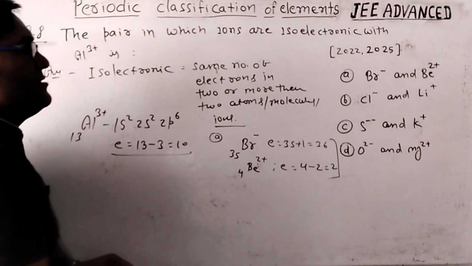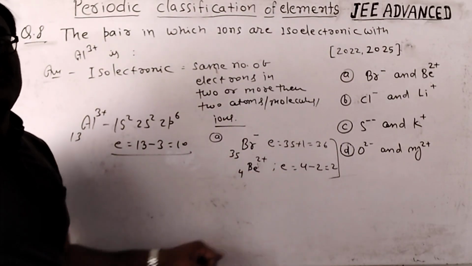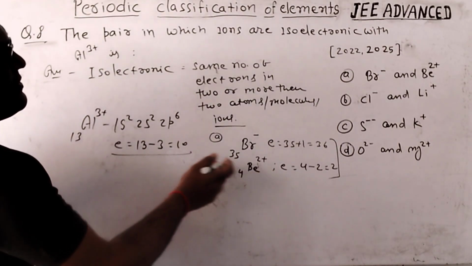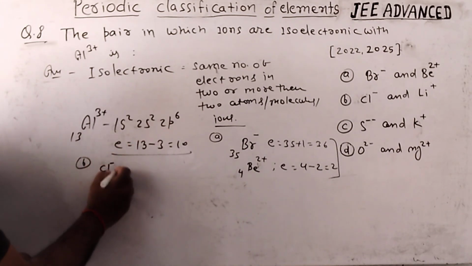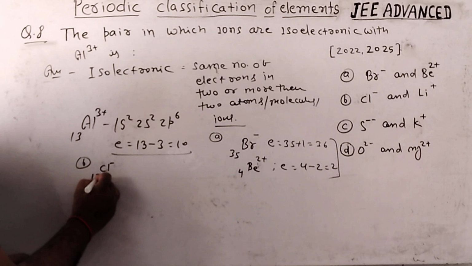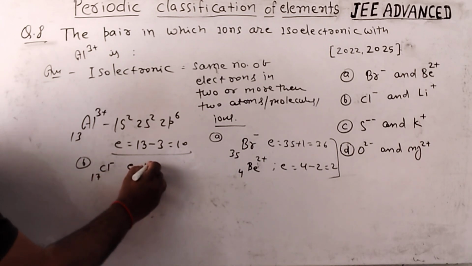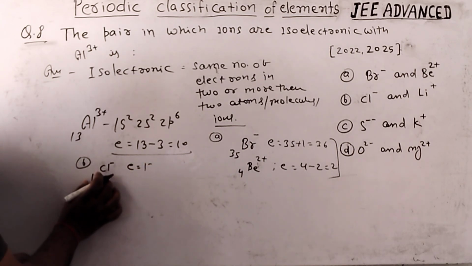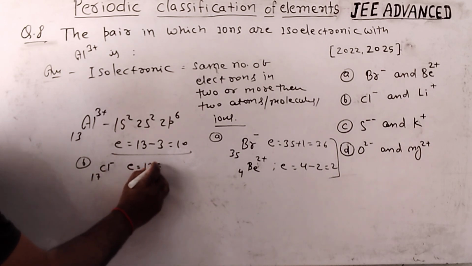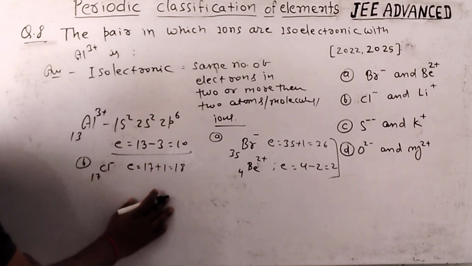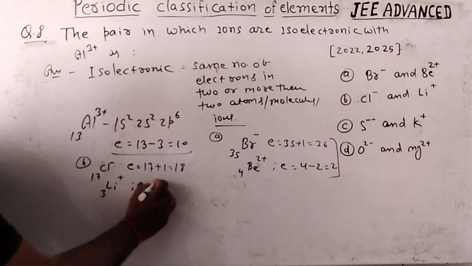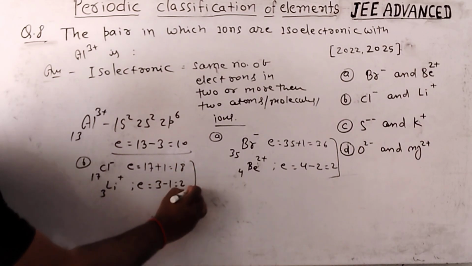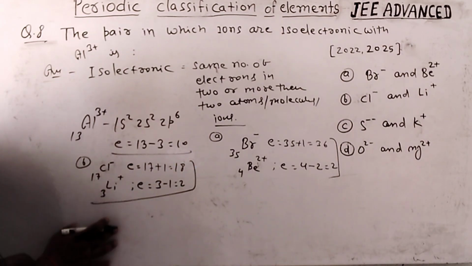This option is wrong because both are not isoelectronic. And option B is chloride, chlorine atomic number 17, so electrons are 17 plus 1, 18. In case of Li plus, atomic number 3, electrons are 3 minus 1, which is 2. So this option is also wrong.